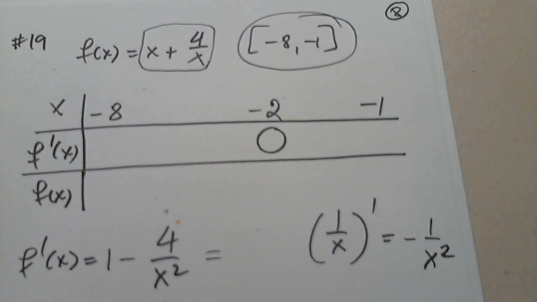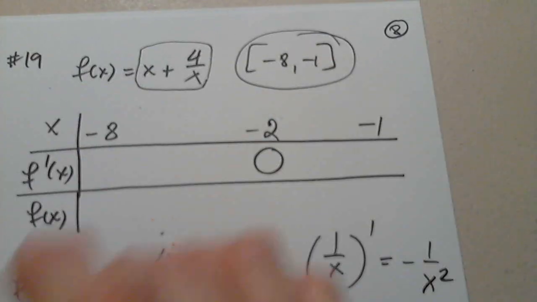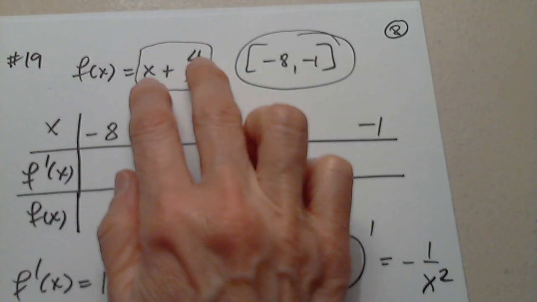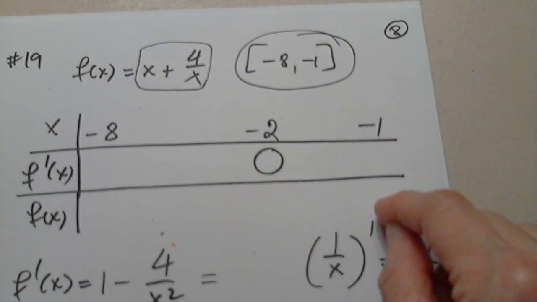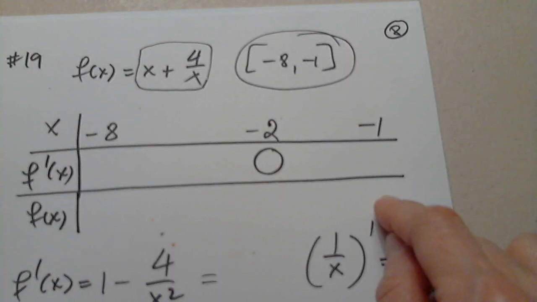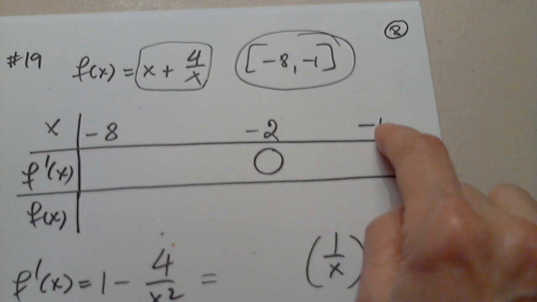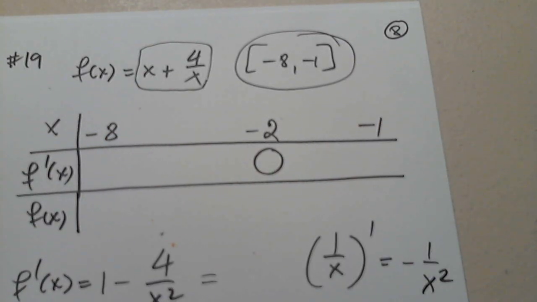Nothing else. Good. So now I plug this function in the calculator, and I will plug in -8, -2, and -1, and write the y coordinates of these three values. So let's go to y equals.